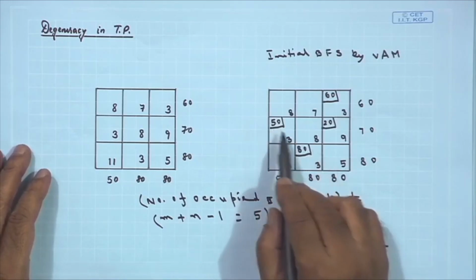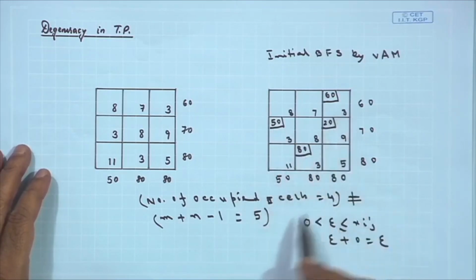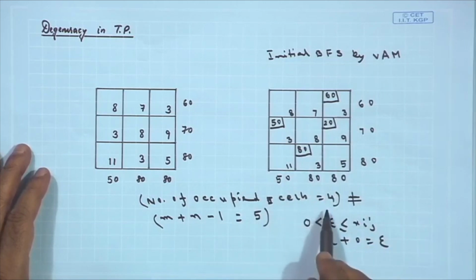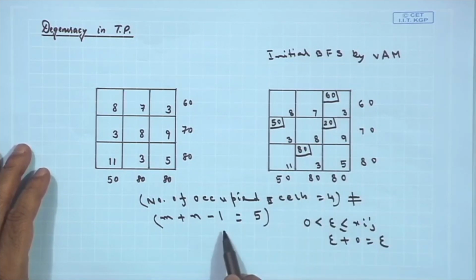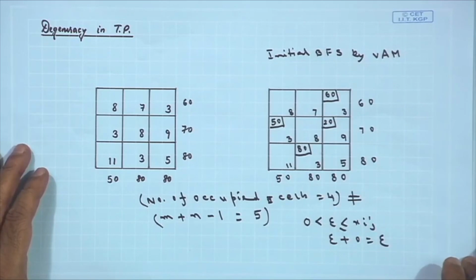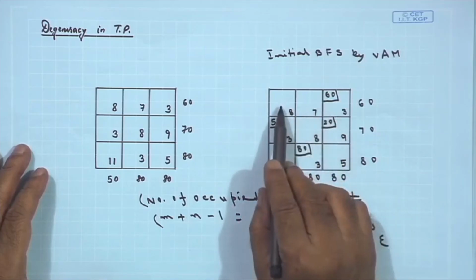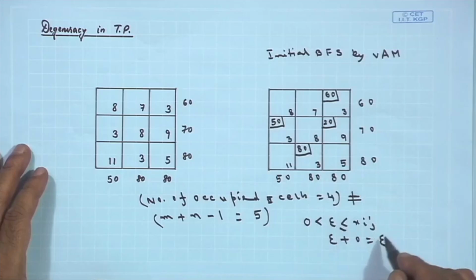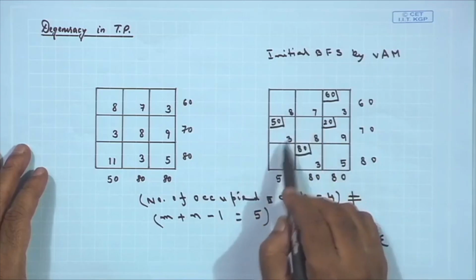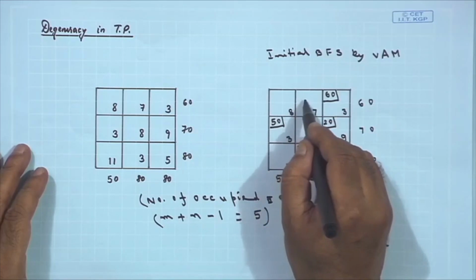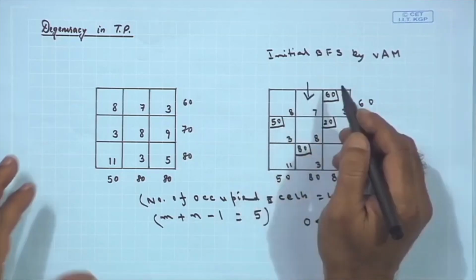Since the number of occupied cells equals 4 and m plus n minus 1 equals 5, 5 minus 4 is 1, so one cell is unoccupied. Therefore, we will assign a very small quantity to a particular cell. You can assign this epsilon to any unoccupied cell. Suppose I will assign it at 1, 2.